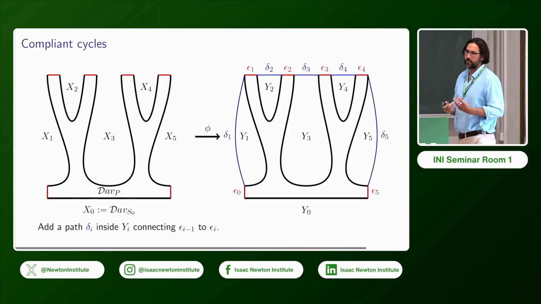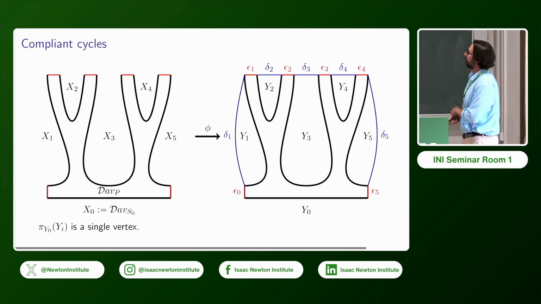Projection to a standard subcomplex is Lipschitz. So the projection of a path is a path. So if I project this path down, I'm going to get a path in Y0 that connects these two distant vertices. But the blue paths project to single vertices. Right? This was the projection dichotomy.